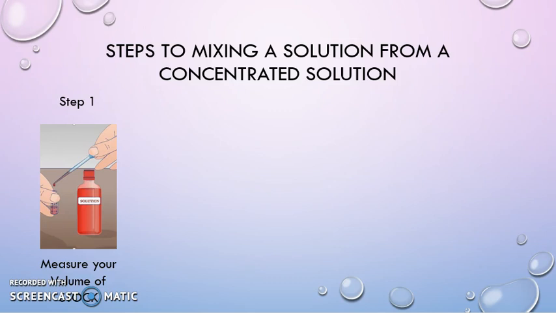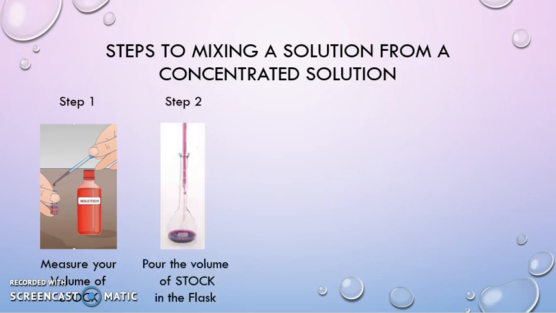You can ignore it. Step 2. Pour that volume into a volumetric flask. Make sure that the volume of your volumetric flask is the final volume that you're after for your solution. They make volumetric flasks in every kind of size, so you're not going to be limited at all by the volume of solution that you're supposed to be making.